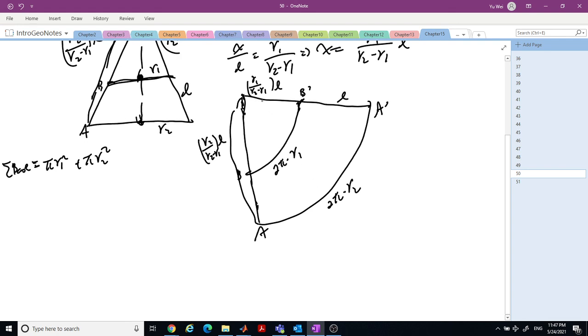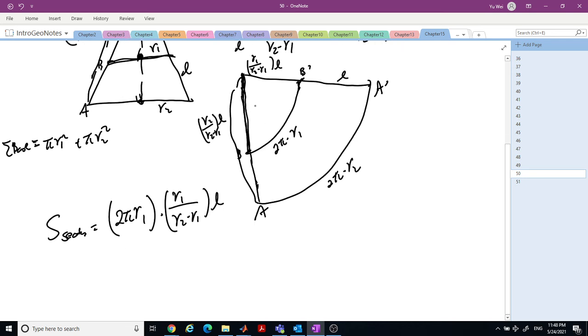So the area of a sector is the arc, 2 pi R1, times the radius, where the radius here is R1 over R2 minus R1 times L. This is sector 1.